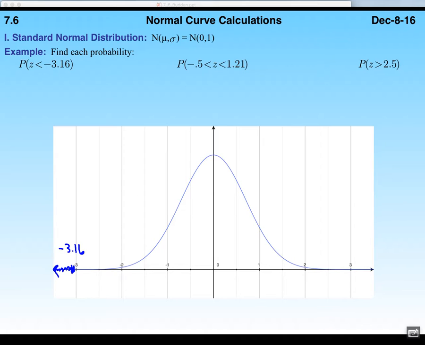All you have to do is look up that z value. So ours is negative 3.16. You go to negative 3.1, and then you go all the way over to 0.06. So negative 3.16 is 0.0008. Did you guys see that? Okay, that's the answer, 0.0008.